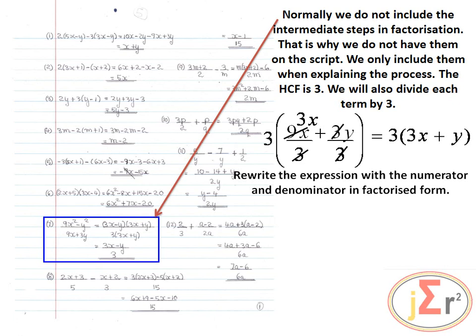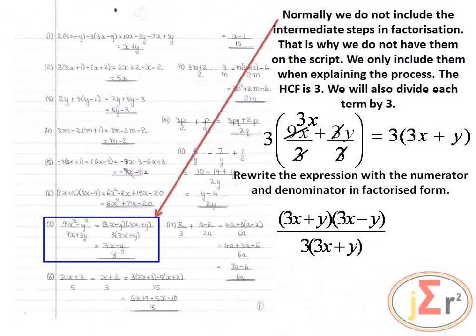As a matter of fact, we have factorized them already, both numerator and the denominator. So we will write the factors. So the entire expression is written in the factorized form with the numerator factorized and the denominator factorized.